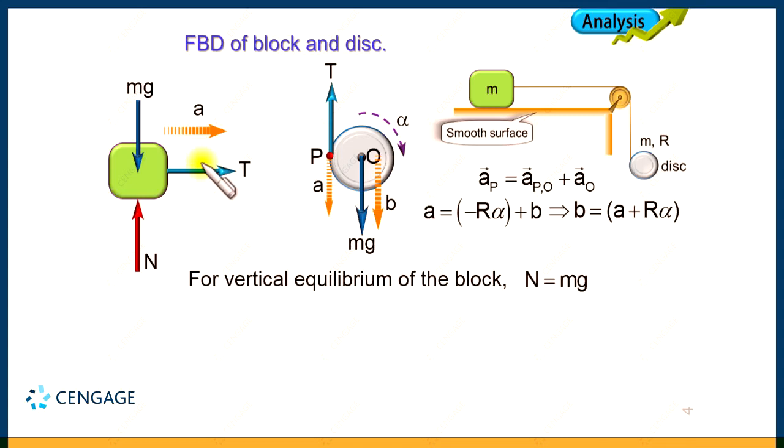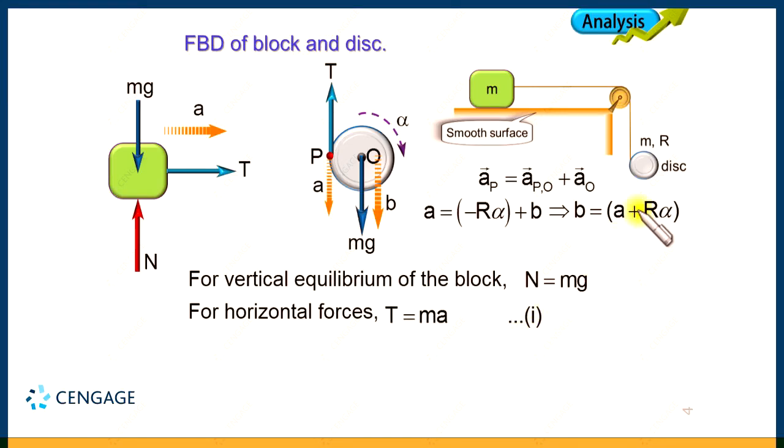In the horizontal direction there is an unbalanced force, that is capital T, and we know any unbalanced force should be equal to mass multiplied by acceleration of the object. That means T equal to the mass of the block multiplied by the acceleration of the block. That means we can write T equal to m multiplied by A. This is the horizontal force equation, equation number 1.